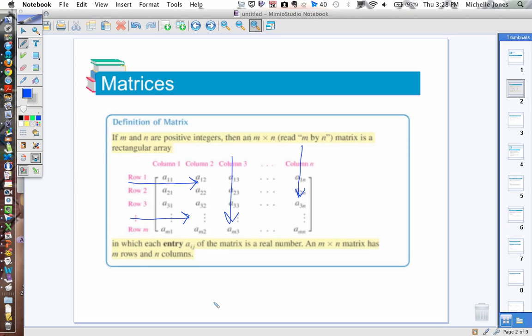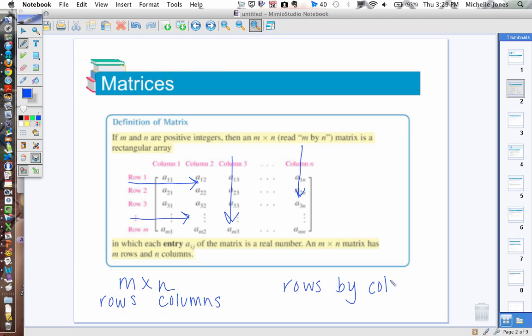It's really important to know where those are located because this is how we're going to be defining our matrices. So an m by n matrix, where m is the rows and n is the columns. So you can think of it as rows by columns.